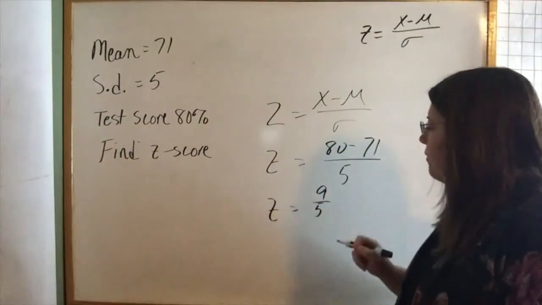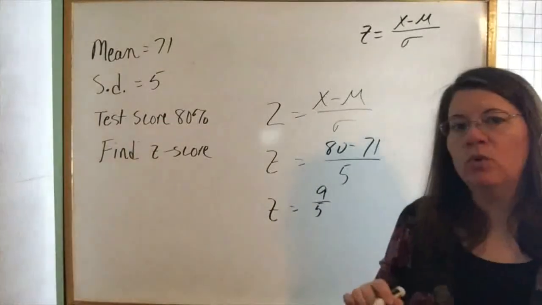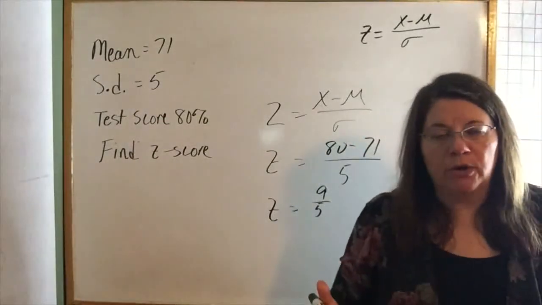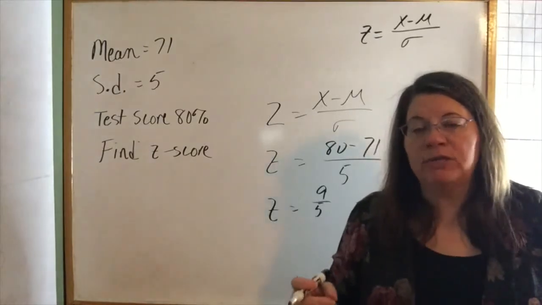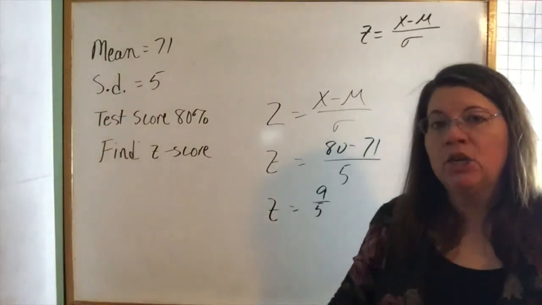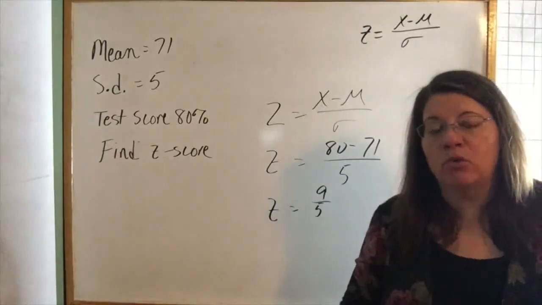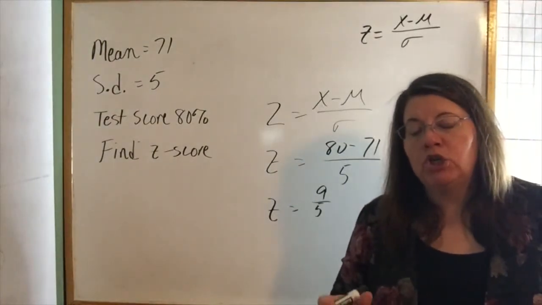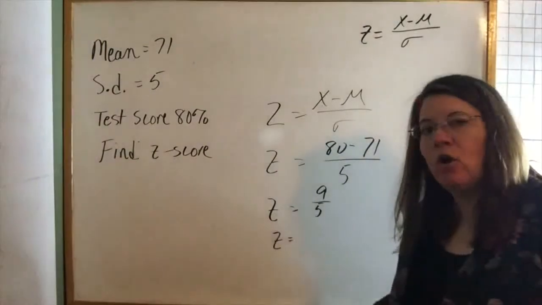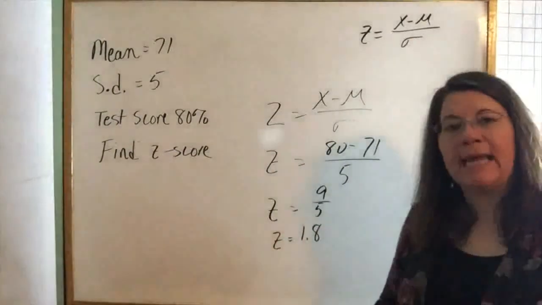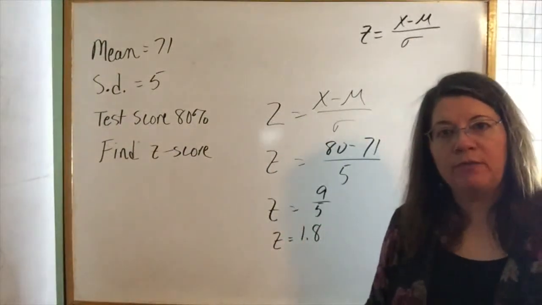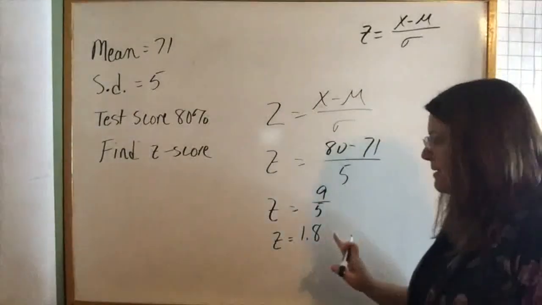So that's 9 over 5. And z-scores, as you will learn as we move forward, need to be rounded to 2 decimal places every single time. So always, no matter what, you will always round your z-scores to 2 decimal places. 9 over 5 gives me a z-score of 1.8. And if we're saying that's to 2 decimal places, that would be 1.80.